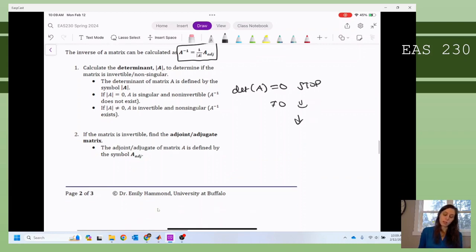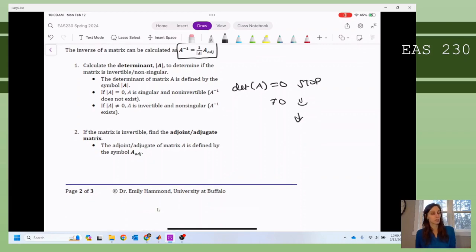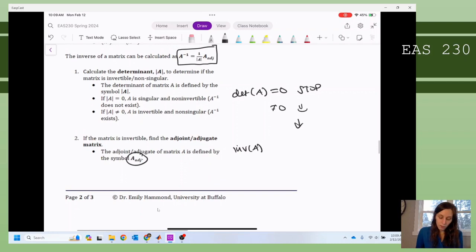Once we determine whether or not the determinant is equal to 0, then we can go ahead and find the adjoint matrix. A adjoint. There's our symbol. We don't have a function in MATLAB to calculate the adjoint matrix, but we do have the inverse function in MATLAB, which can be used to find the inverse directly. Once we have the determinant and the adjoint, we can plug them into the formula.